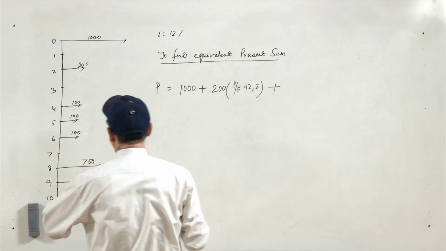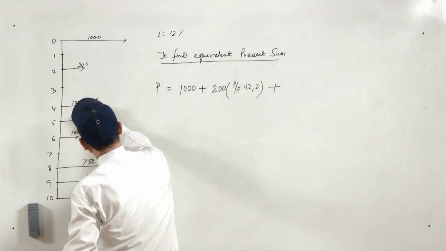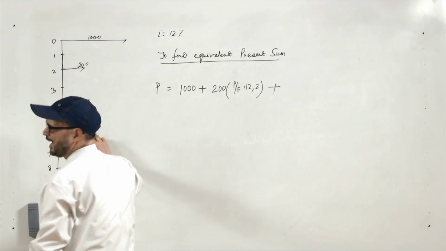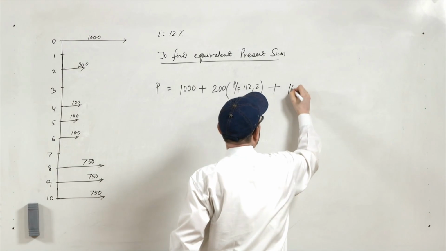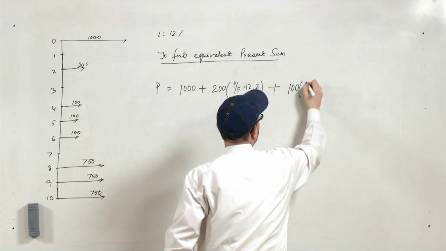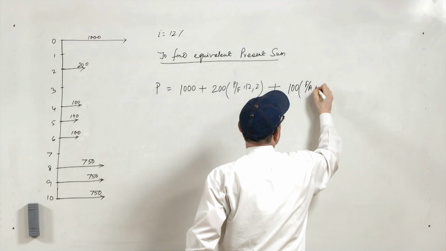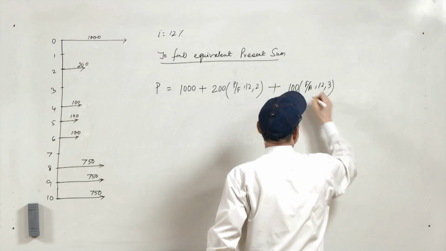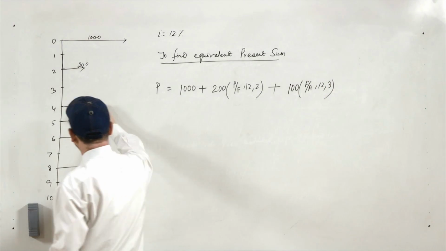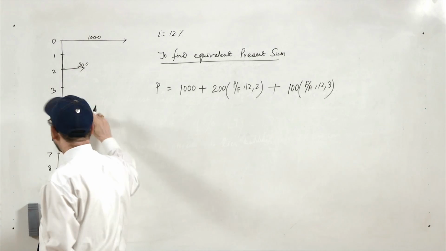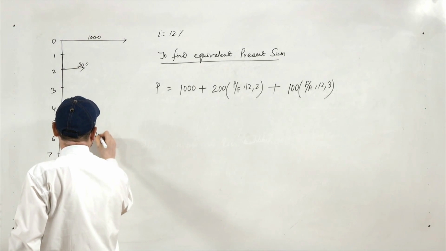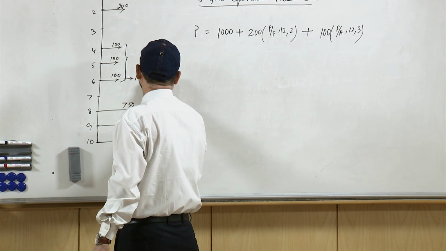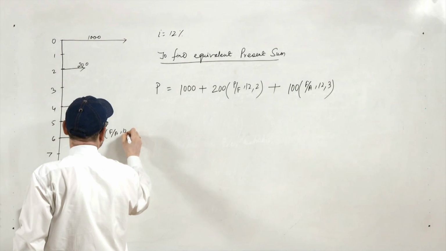So, if suppose we use the F by A formula, 100 will be used with F by A 12 3. This will be the equivalent amount at this point, 100 F by A 12 3.